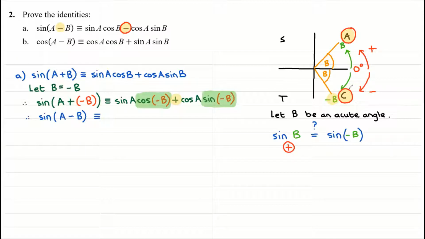Only cosine is positive, okay, in that quadrant, which means that the sine of negative B cannot be positive because only cosine is allowed to be positive. So this is a negative number. If I want to make them equal, the only way I can do that is by sticking either a negative sign here or putting a negative sign here. Either way, we'll have a true statement.